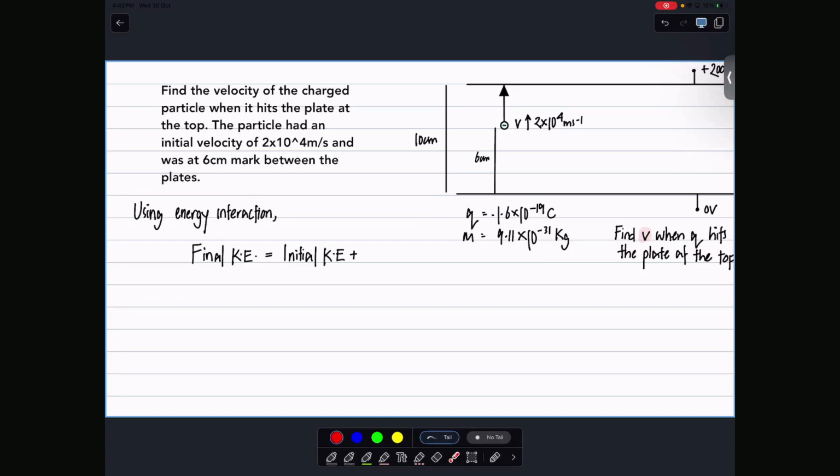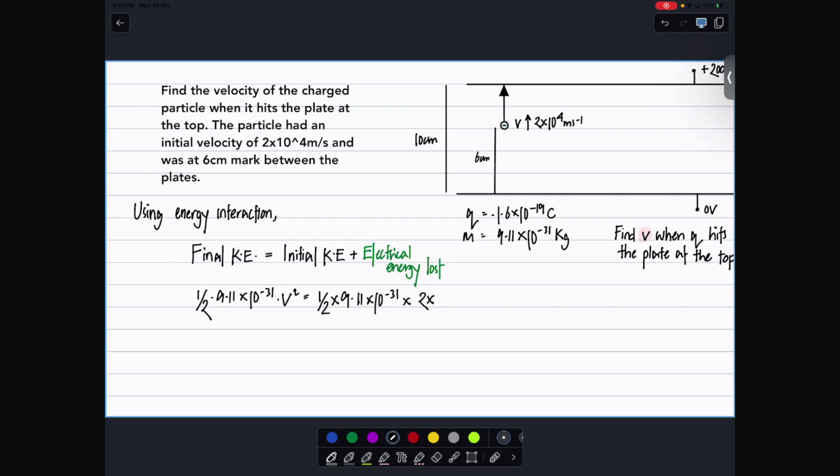So you can have plus electrical energy lost. Now, what's my final K? Half times 9.11 into 10 to the power minus 31 times v squared equals my initial K, half into 9.11 into 10 to the power minus 31 into 2 into 10 to the power 4 squared, plus QV.